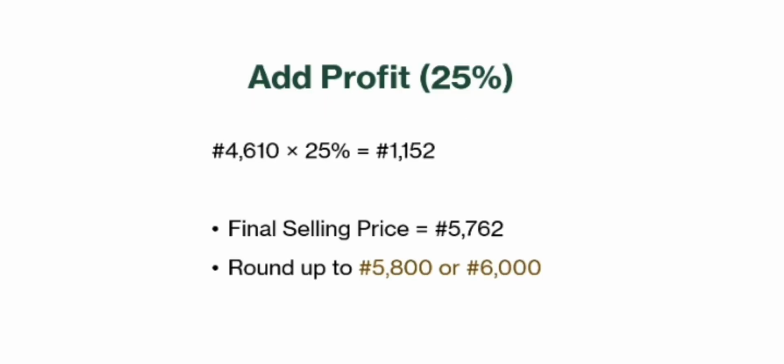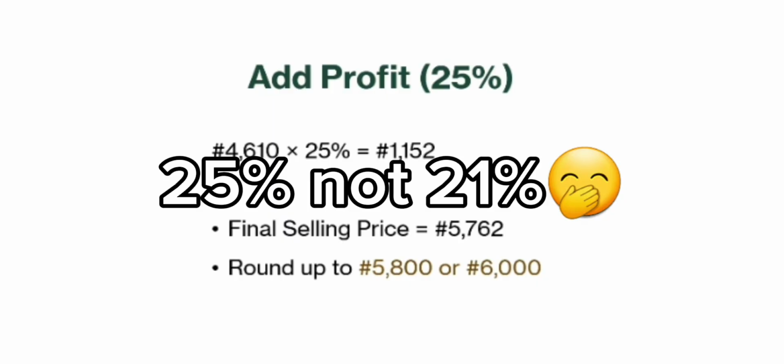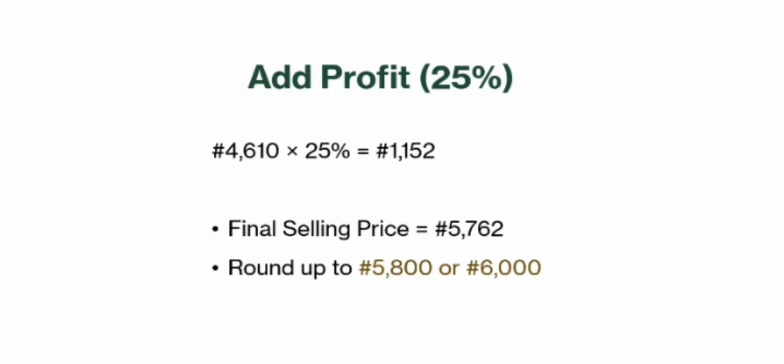Now we add our profit, and here I am using 25% profit margin. 4,610 naira, which is the cost per plate, multiplied by 25% will give us 1,152 naira. So 1,152 naira is your profit.